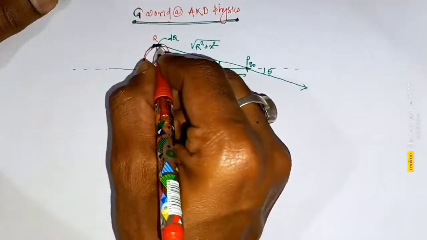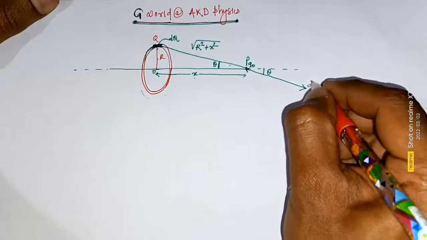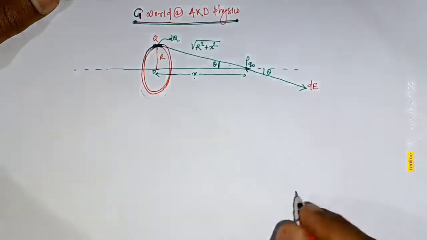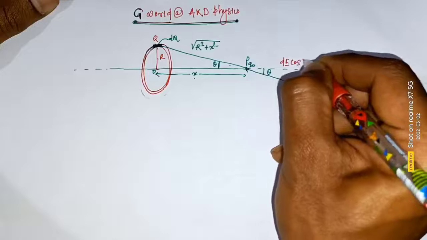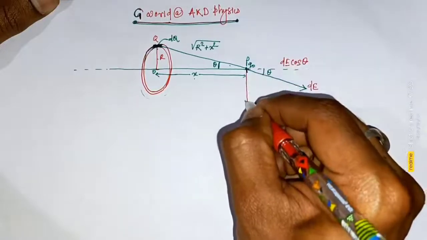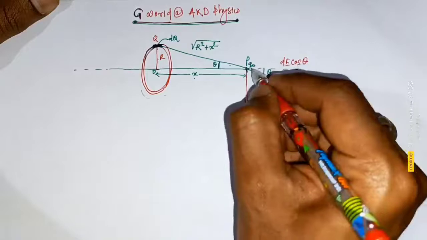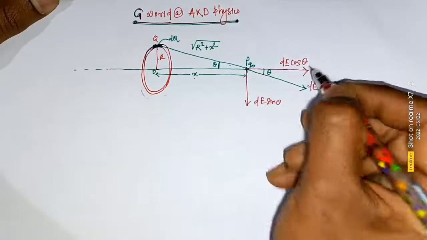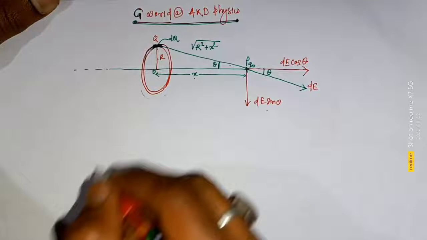So due to the small element, whatever the electric field is, a small electric field dE will come. If this is theta, there will be two components of the dE vector, that is dE cos theta and dE sin theta.